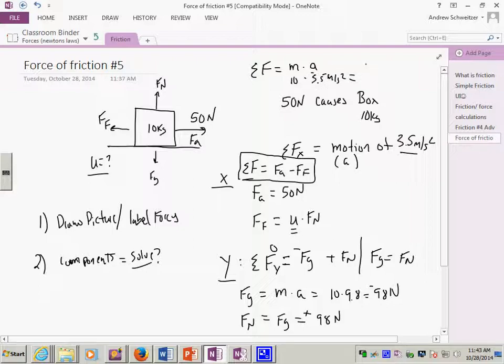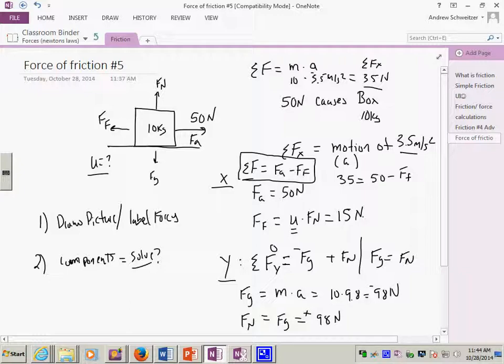So the net force in the X direction is 35 newtons. So I have this 50 newton force here. I have some force friction taking away from that 50, giving me a net of 35. So in the X direction, 35 equals the force applied, which is 50, minus my force of friction. Solve for force of friction, which equals 15 newtons.